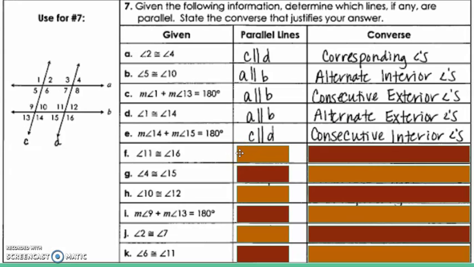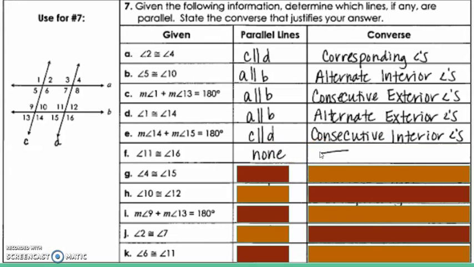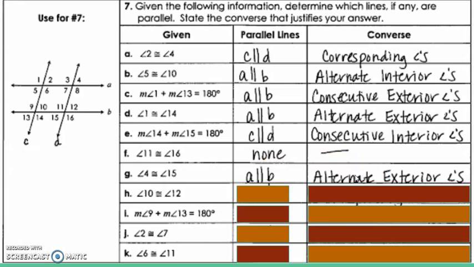For F, 11 and 16, if we look at those, 11 and 16 are vertical angles. So remember, vertical angles, we cannot say that they're parallel lines, so we wouldn't have a converse. For angle 4 and angle 15, D is our transversal, and A and B are our parallel lines, and 4 and 15 are our alternate exterior angles.